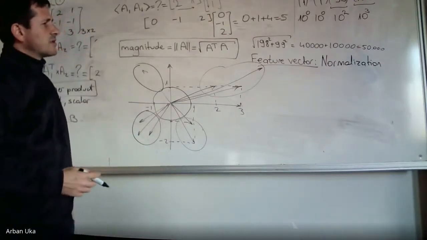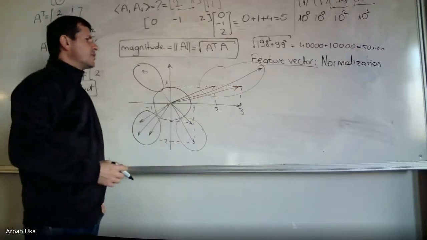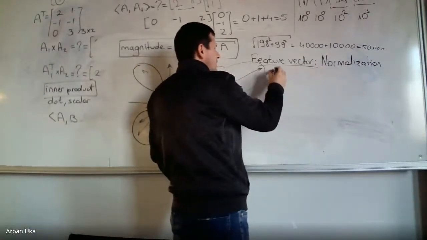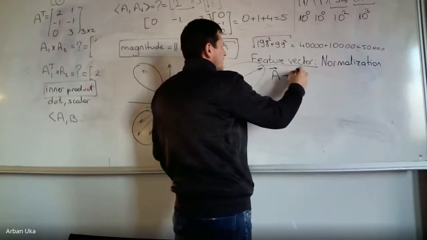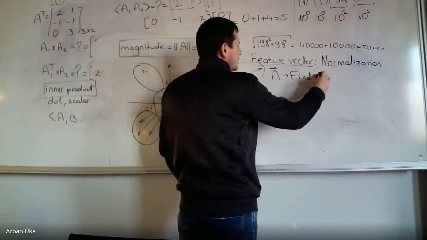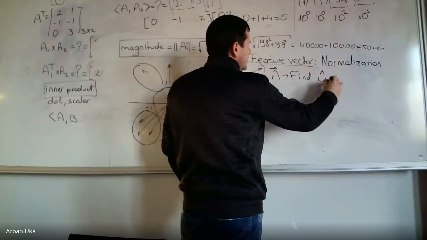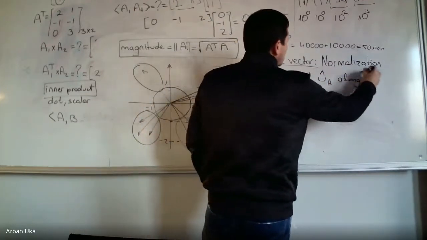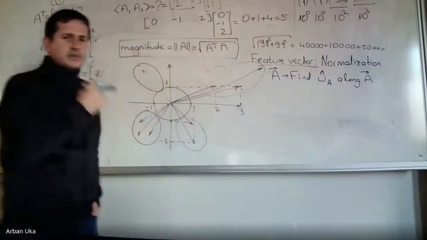The previous sentence was a small joke, but normalization is the following. For any vector A, we find a unit vector which is denoted as UA along vector A. So this is the normalization.